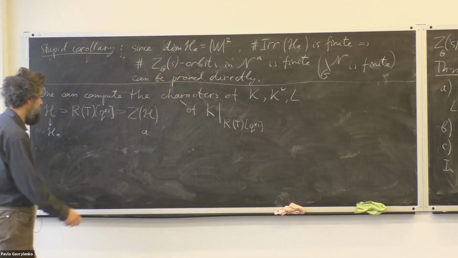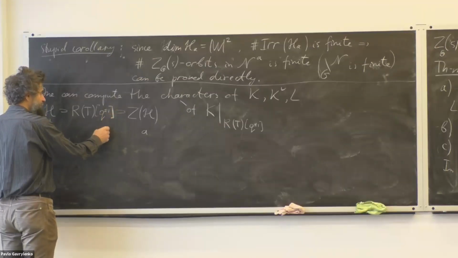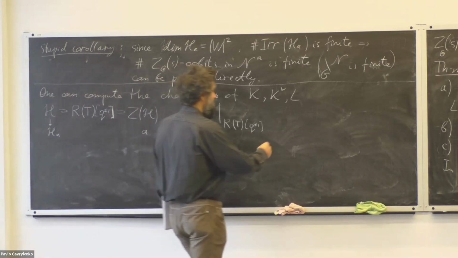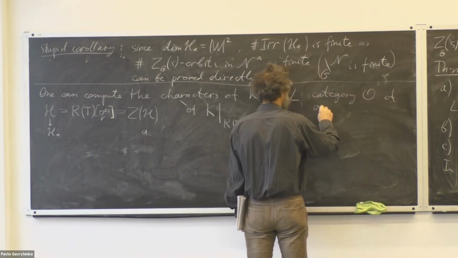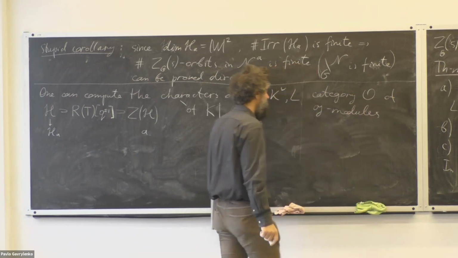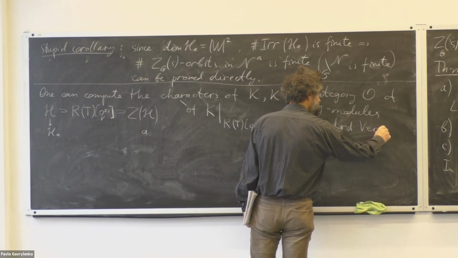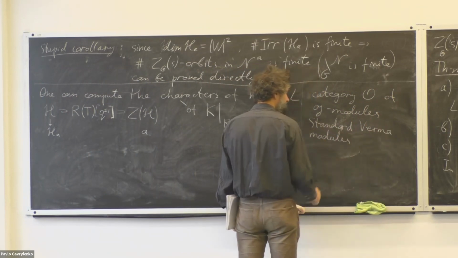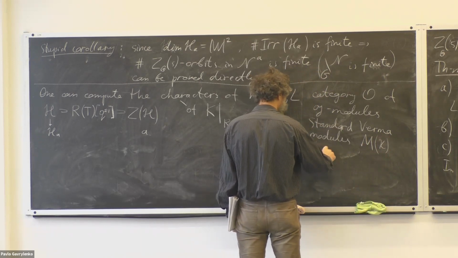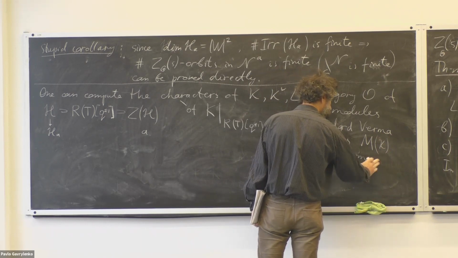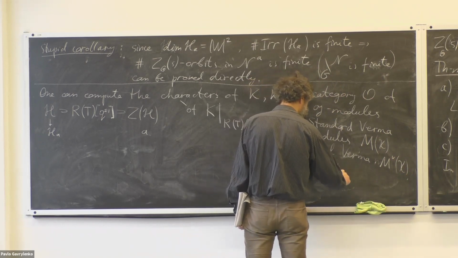Okay, and somehow the question does make sense, and it's very similar to the standard setup in the category O. There you have standard Verma modules, say M of chi, dual Verma modules, M dual of chi, and irreducibles, L of chi.